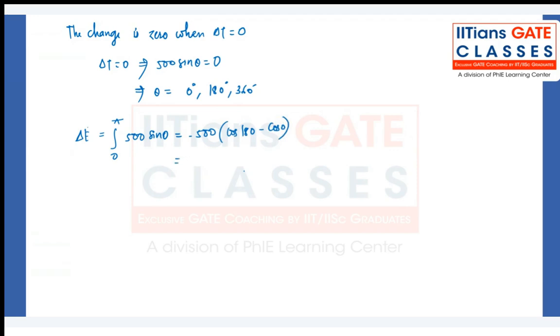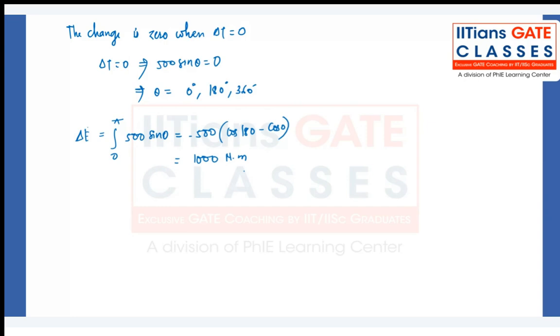So what is cos 180? Cos 180 is minus 1 and cos 0 is 1. So minus 1 becomes minus 2 multiplied with the minus 500. It will become 1000 Newton meter. So this will be your delta E.